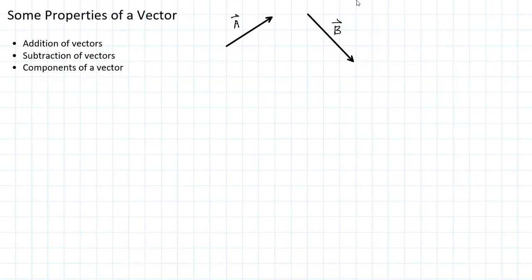Let's see quickly how vector quantities are added or subtracted. There are two methods: graphical method and component method.